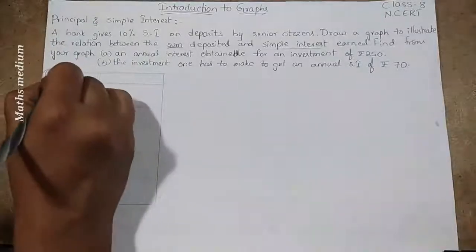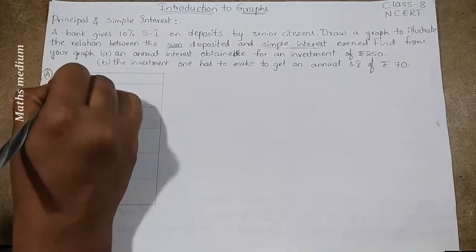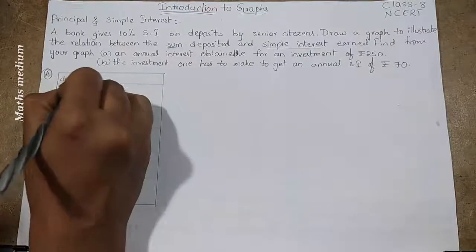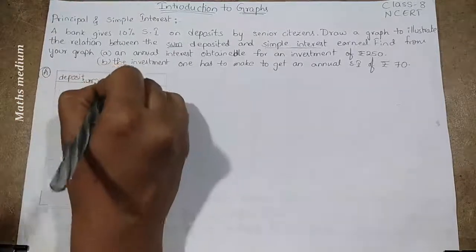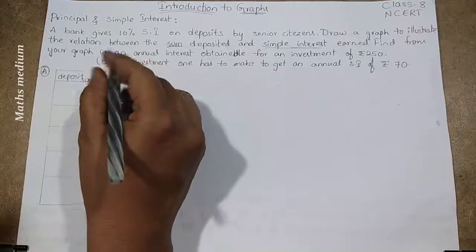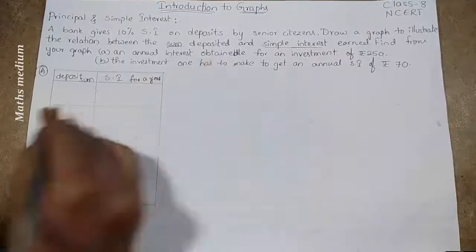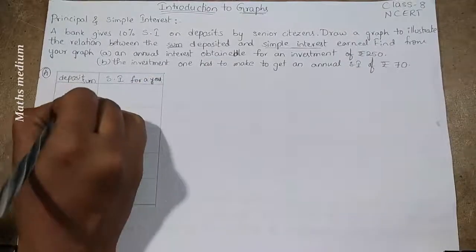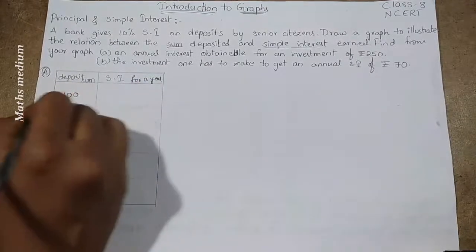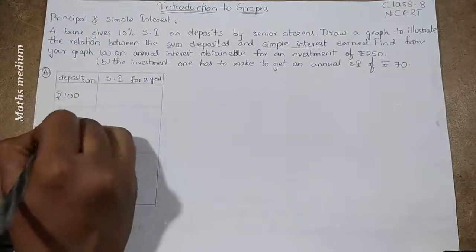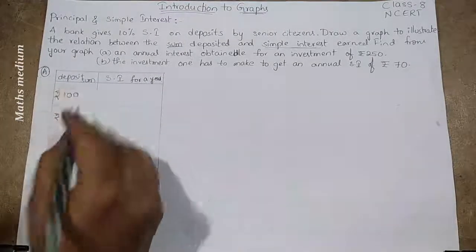Here deposit sum, here simple interest for a year. Okay. So here deposit sum, first of all take 100 rupees. So here I am taking 200 rupees.